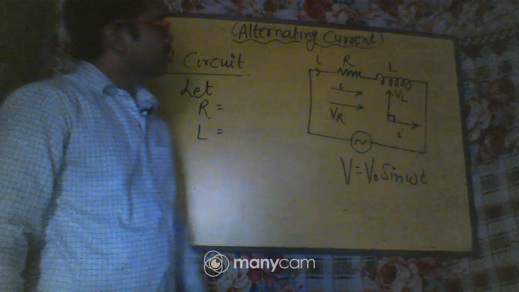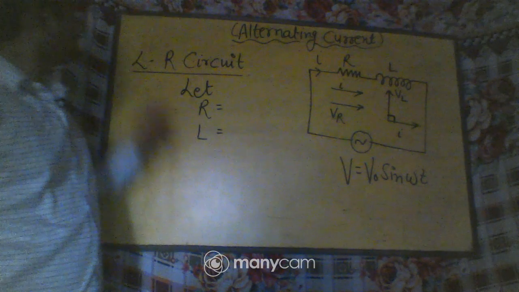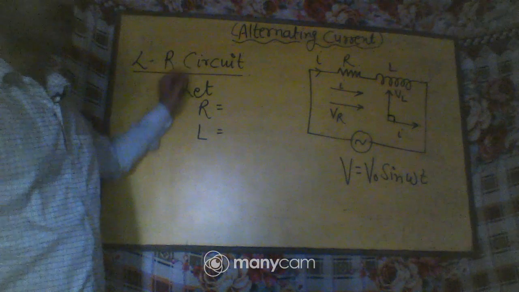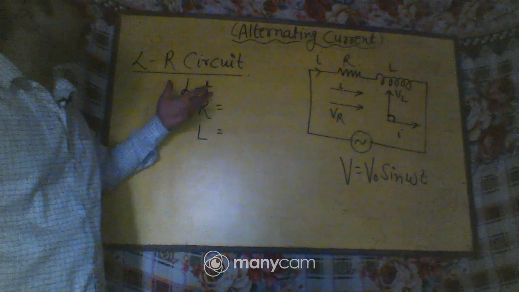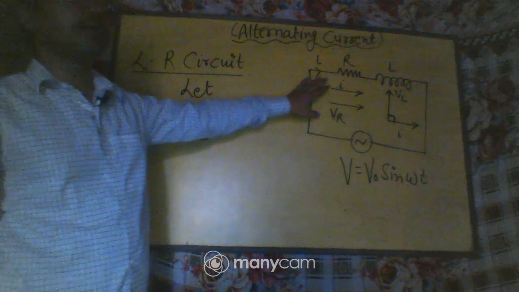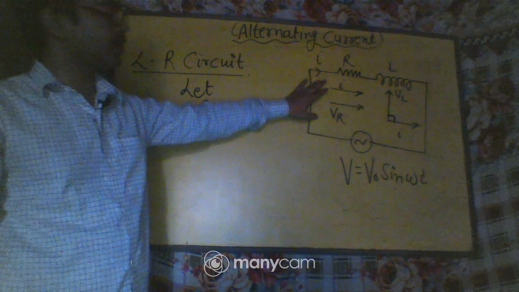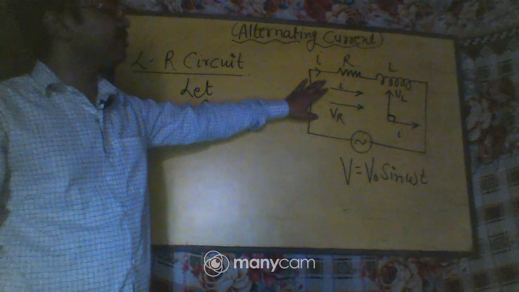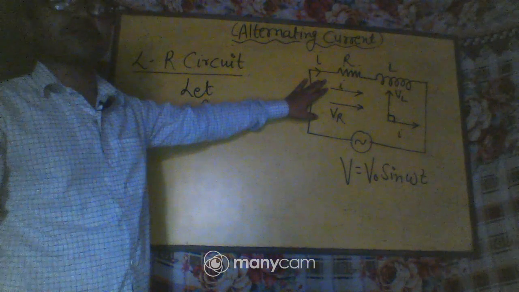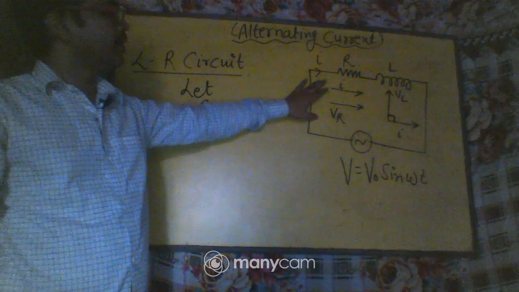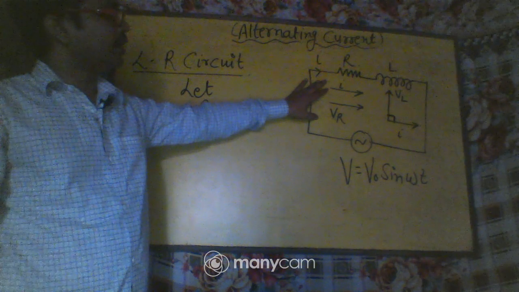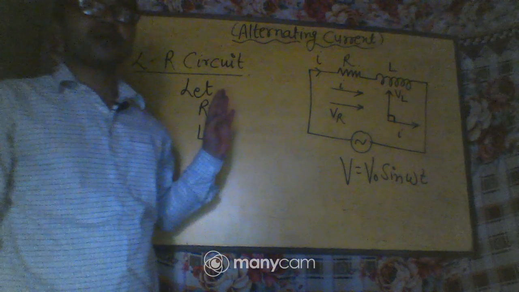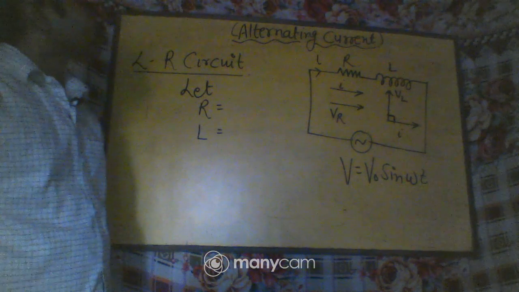So we are ready to understand the nature of the LR circuit. We are going to find the resultant impedance of this circuit, and then the phase difference between the resultant voltage and the current I flowing in this circuit. This is our aim.